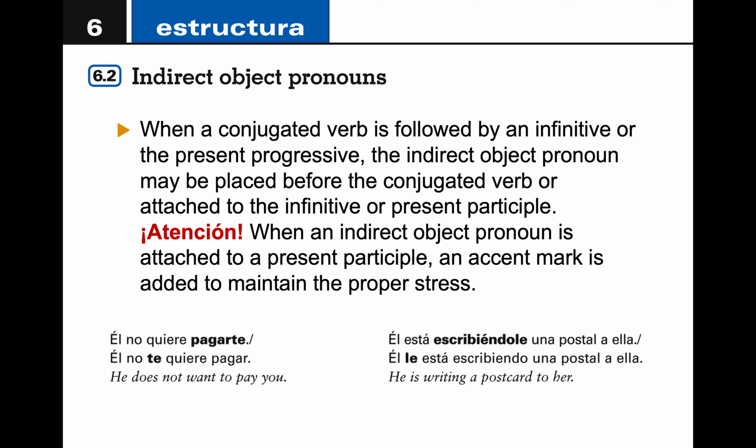That's just my preference, and that's how I grew up learning to speak Spanish. However, different geographical locations or cultures within Spanish are going to have their own preference, and neither is right or wrong. It's just a matter of preference. When an indirect object, though, is attached to the present participle, we do add an accent mark to maintain the proper stress.